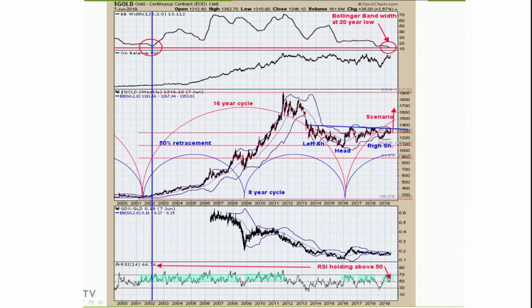To get through this neckline, you need a sign of strength, which is basically a high volume, high price move through a resistance area. So we think volatility will increase once we get through that line. We're expecting volatility to increase in gold in the fairly near term.